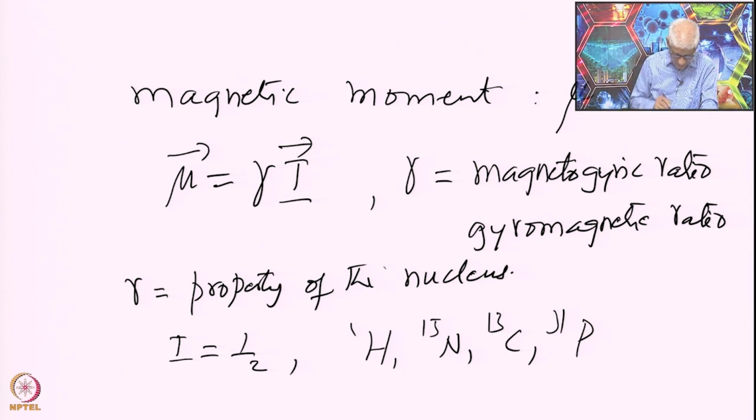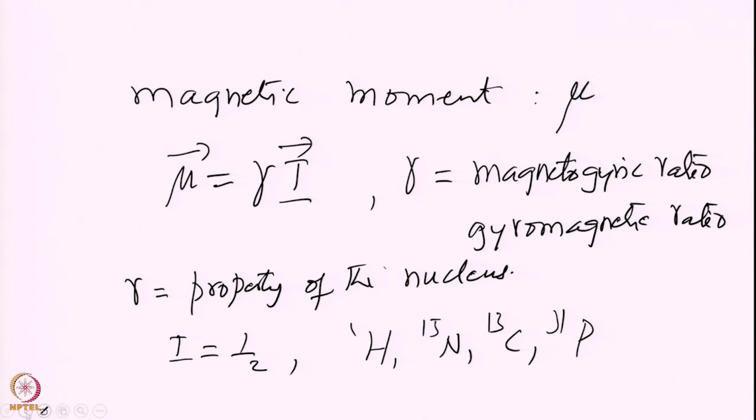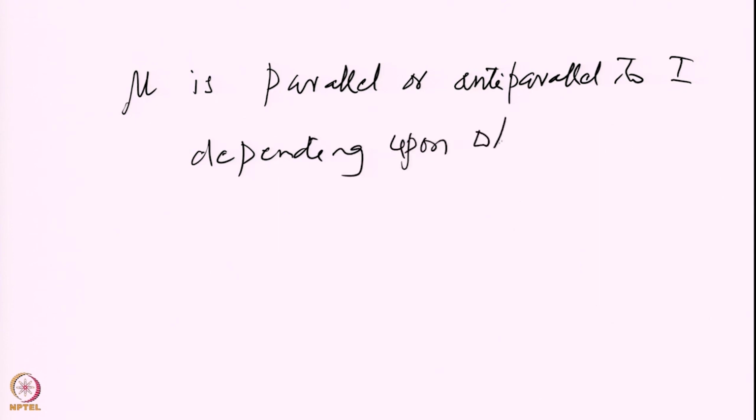Also you notice that the magnetic moment mu is parallel or anti-parallel to I, depending upon whether gamma is greater than 0 or gamma is less than 0.